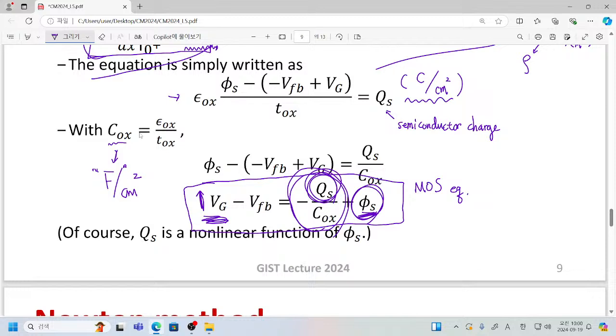More precisely, when you apply additional gate voltage, the potential is further bent, and that is used to bend in the silicon part. This shows the bending in the semiconductor region, and this corresponds to the bending in the silicon dioxide region.